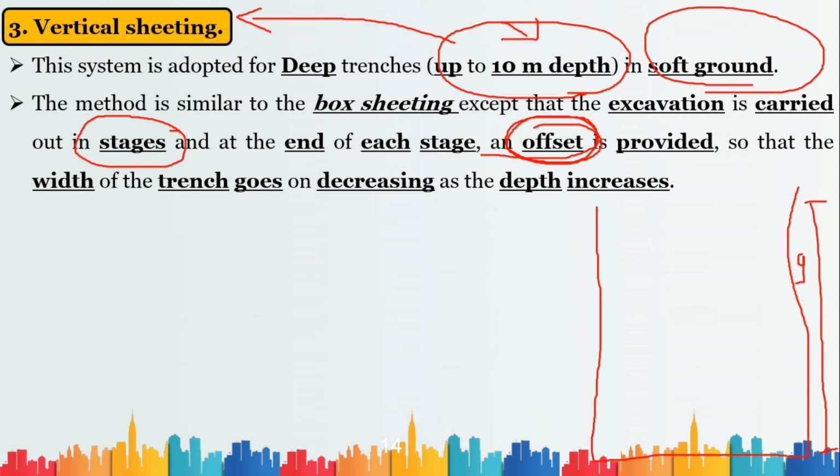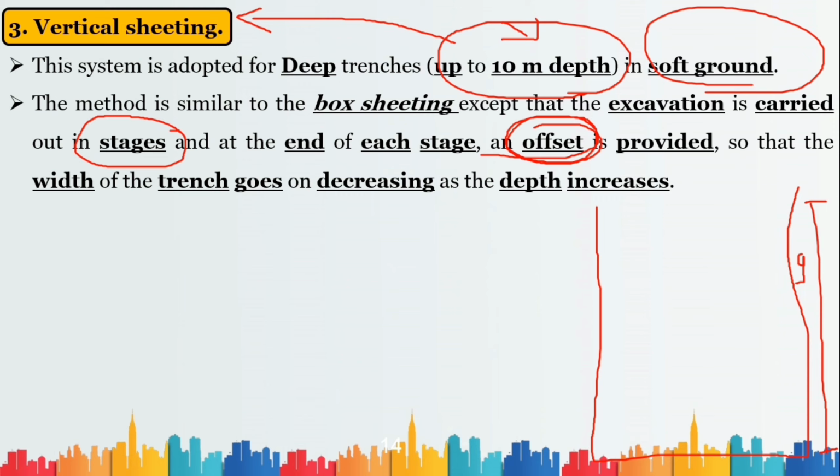When you have more than 4 meters and up to 10 meters, you do not go directly to 9 or 10 meters. You just provide some stages, and that stage is represented as the offset, and that offset is called a platform.